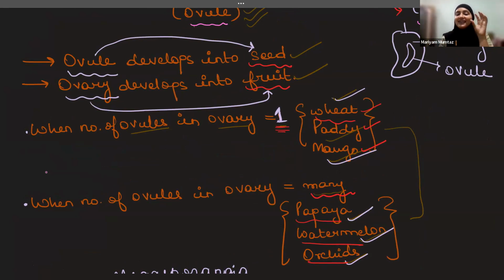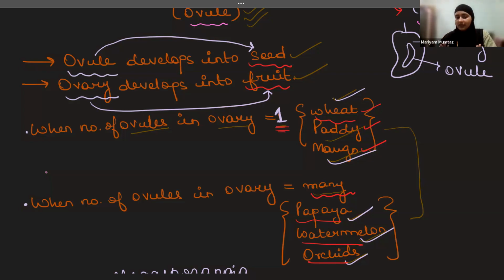So the ovules are present inside the ovary, just like how the seeds are present inside the fruit. The fruit is the flower's ovary. The matured ovary of the flower is the fruit. The matured ovule of the flower is the seed. Okay.